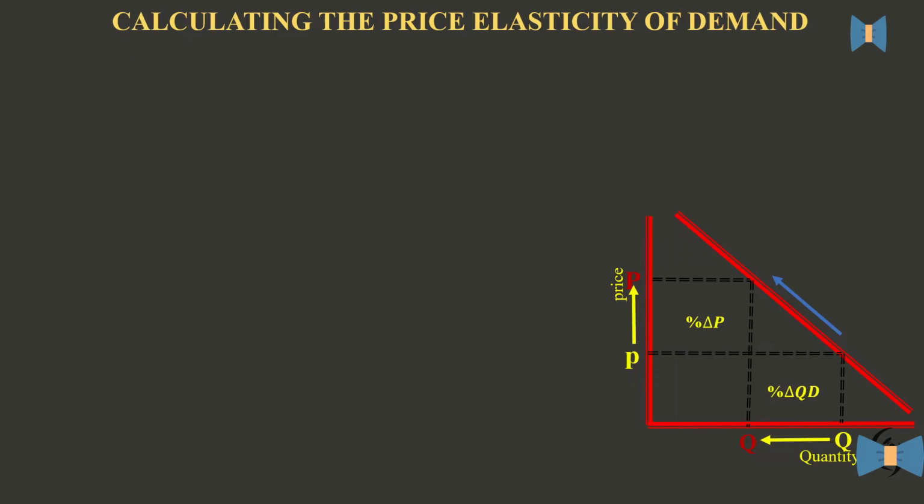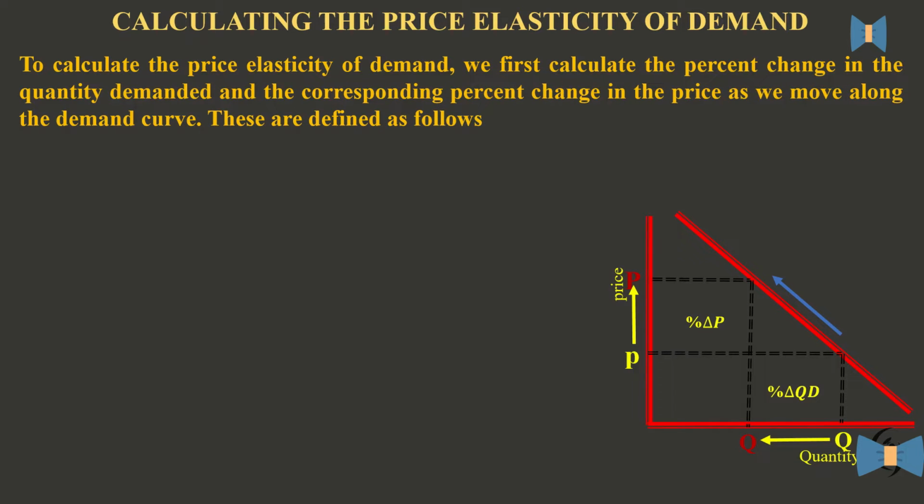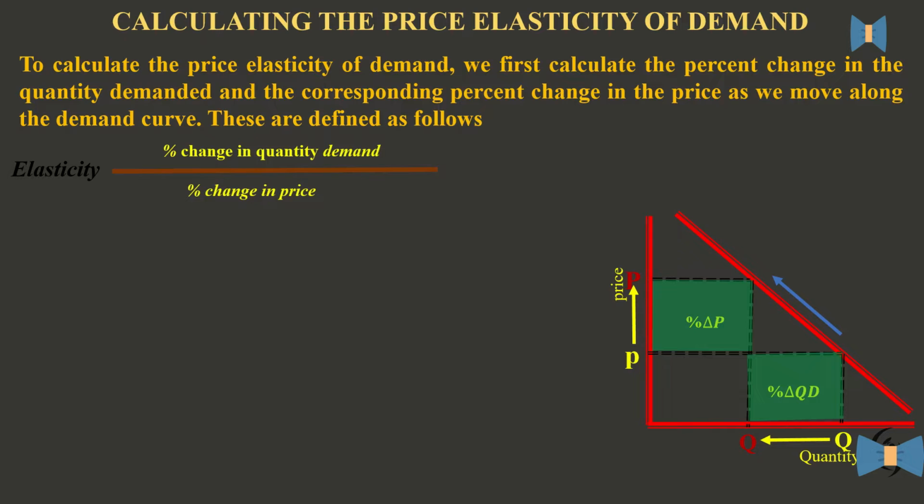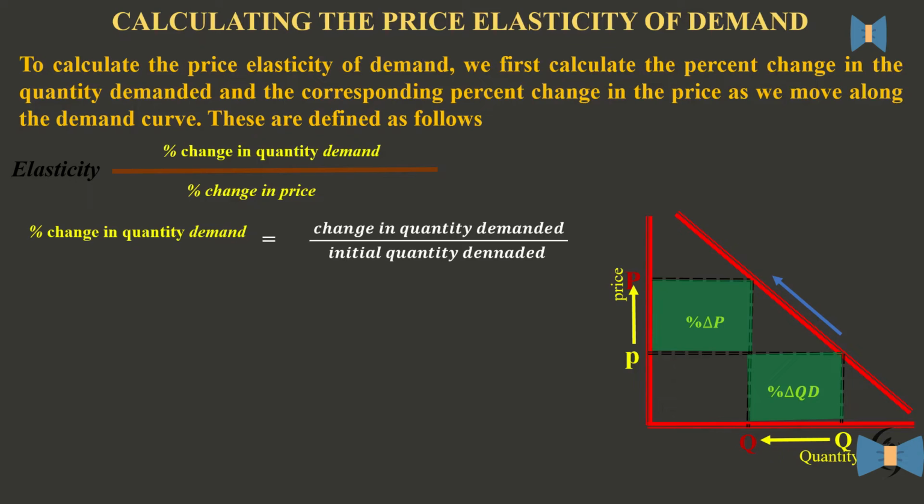Now we are going to see the equation used to calculate the price elasticity of demand. The derivation of the equation we are going to check. The percentage change in quantity demanded, we can rewrite as the change in quantity demanded divided by the initial quantity demanded.